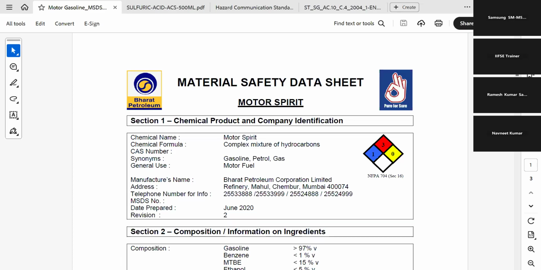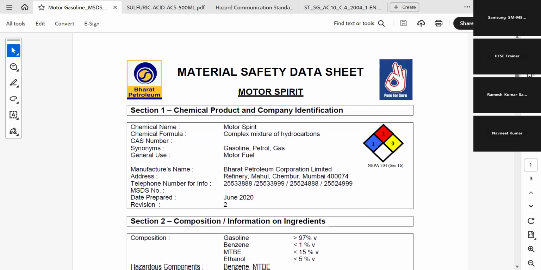Yes, let us jump into the MSDS. So this is how an MSDS looks. I have taken the gasoline, which is nothing but petrol, MSDS. First we'll see the structure. As I mentioned, there will be 16 sections.